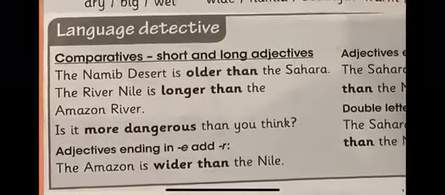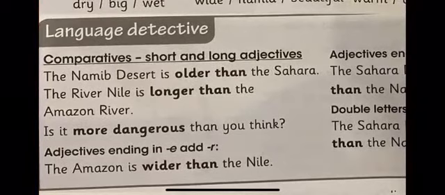Adjectives ending in E add R. If an adjective ends in E, then what we do is put R, as I told you in the lecture of comparatives and superlatives in detail. So just remember those rules and then solve these exercises. The Amazon is wider than the Nile.